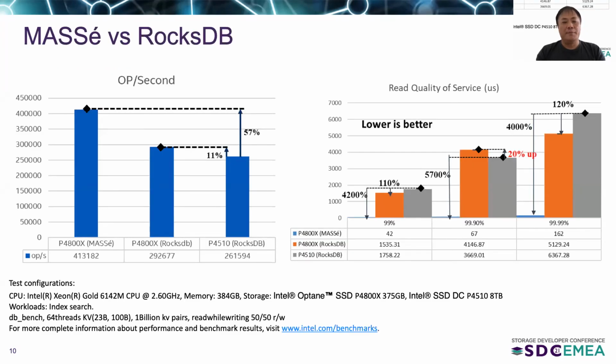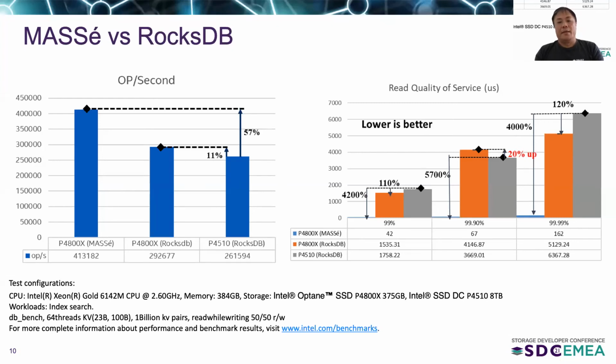MASSé versus RocksDB: without MASSé, with RocksDB on P4800X, which is Optane, versus P4510 TLC, you won't see much difference, only 10 to 12%. Again, this is a DB bench test, 50-50 random read and write.